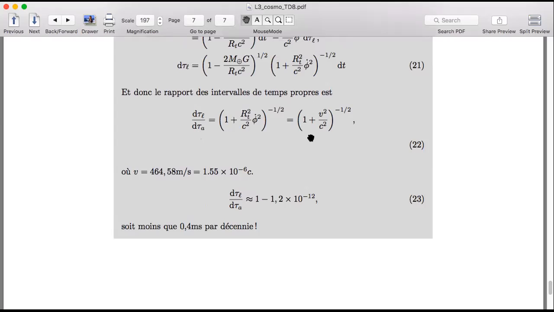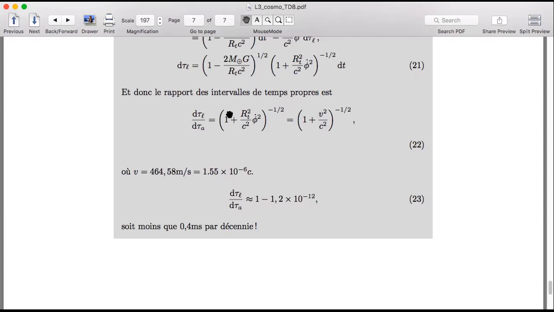This looks a lot like a factor of gamma, right? If you think about gamma from special relativity, it's 1 over the square root of 1 minus v squared over c squared.